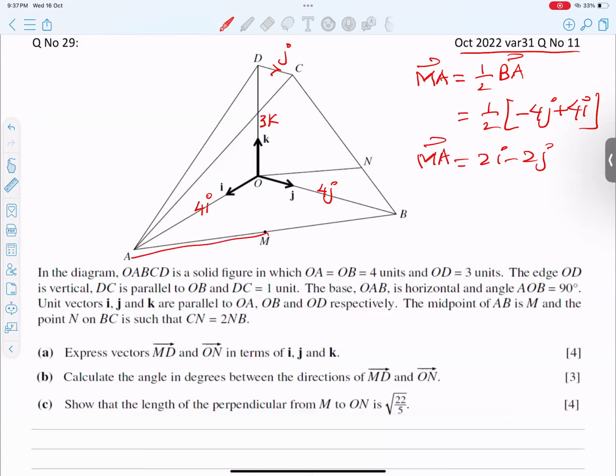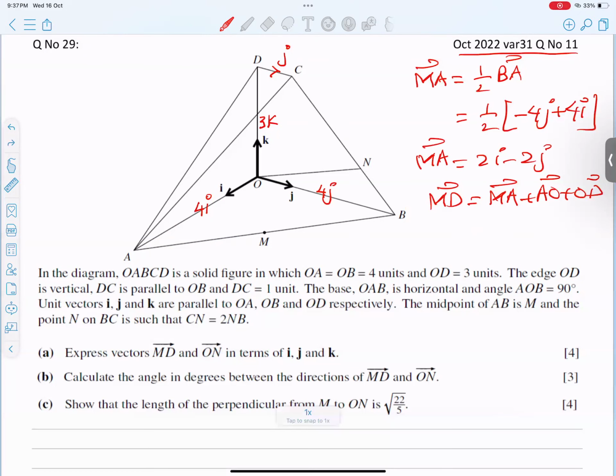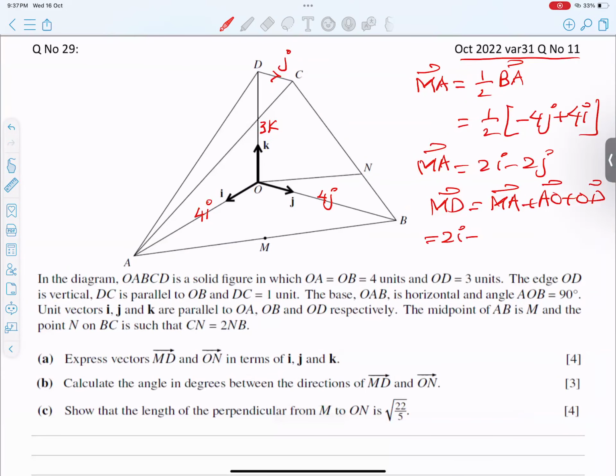Now M to A, A to O, O to D. So finally I can say M to D. What's the path? M to A, A to O, O to D. So M to A is 2i minus 2j. What is AO?